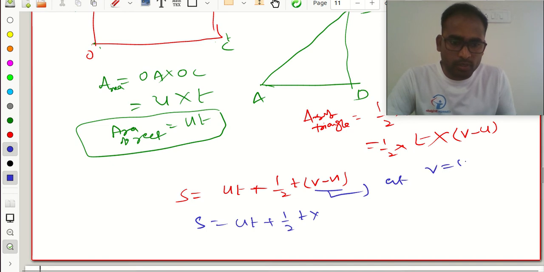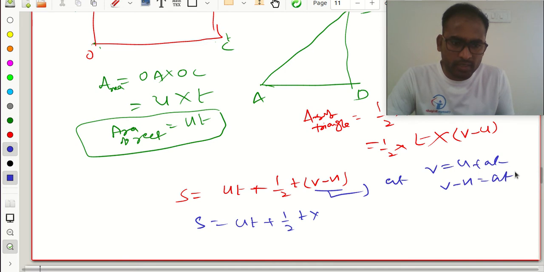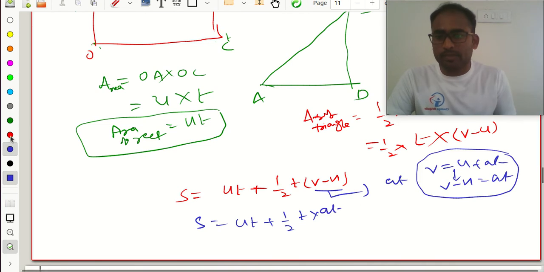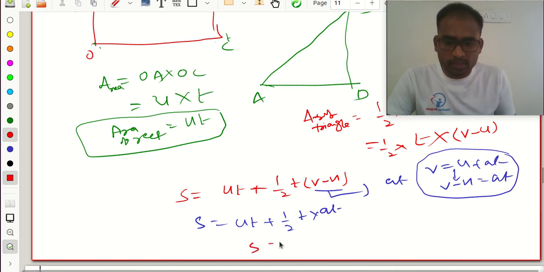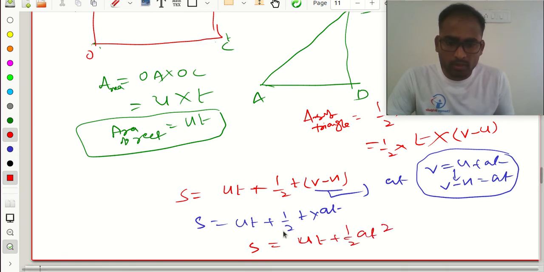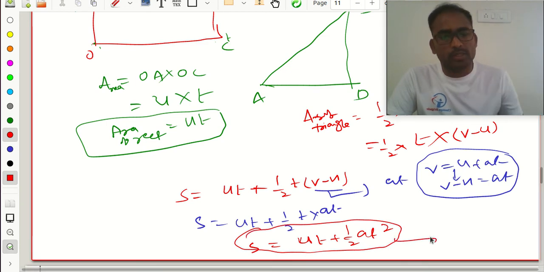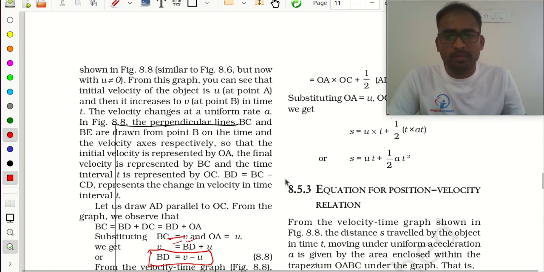Because V is equal to U plus AT. So V minus U is equal to AT. Clear? So S is equal to UT plus half AT square. We solved this one, the position and time relation.